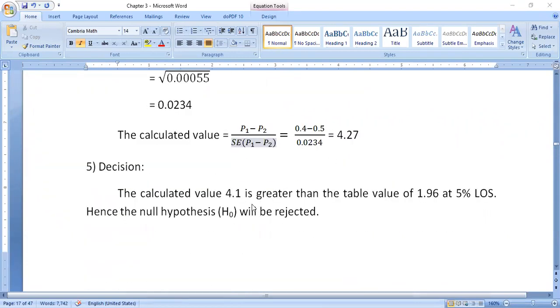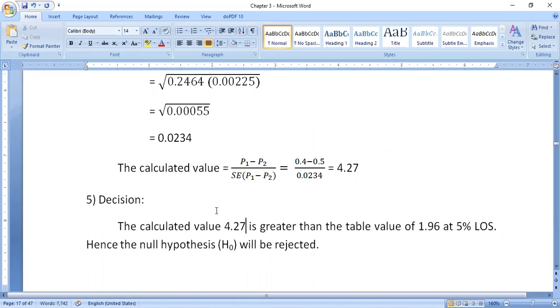The calculated value 4.27 is greater than the table value or critical value of 1.96 at 5% LOS. Hence the null hypothesis is rejected. In this way, we need to calculate the test for the difference between proportions.